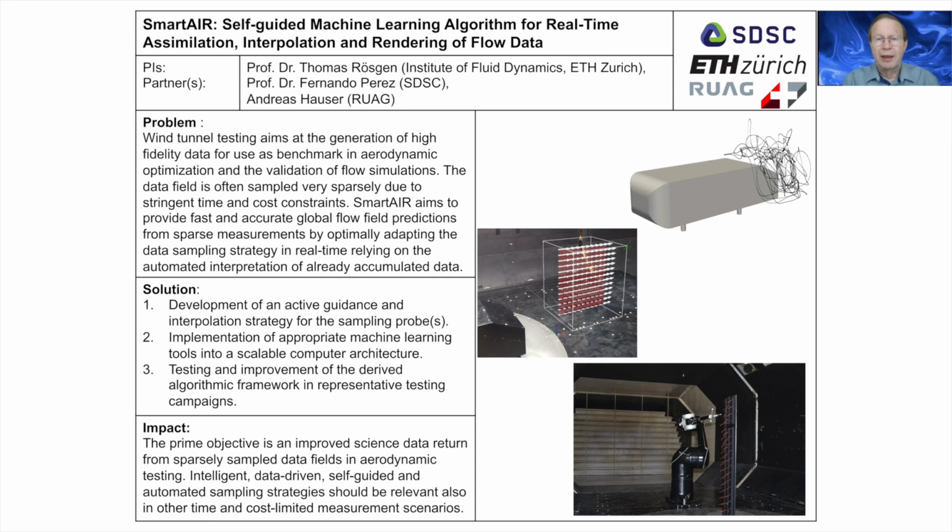That in itself is a challenge, and we hope that if we can find a suitable algorithm, it can also be used to link this sort of guidance strategy to automatic sampling with a robot arm, which is obviously then even faster. That would be the first part of our project, to develop strategies to assess the data quality that we are acquiring and then to steer the probe, be that human-guided or machine-guided, to points of interest.